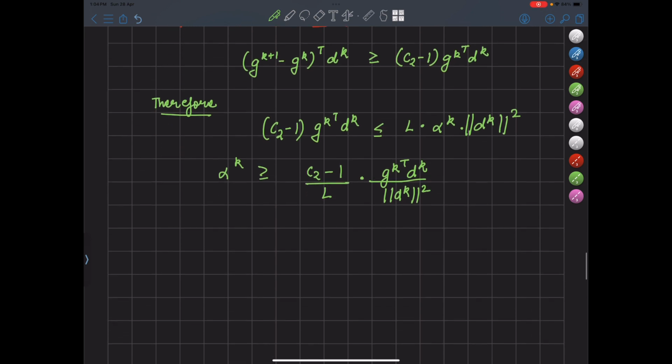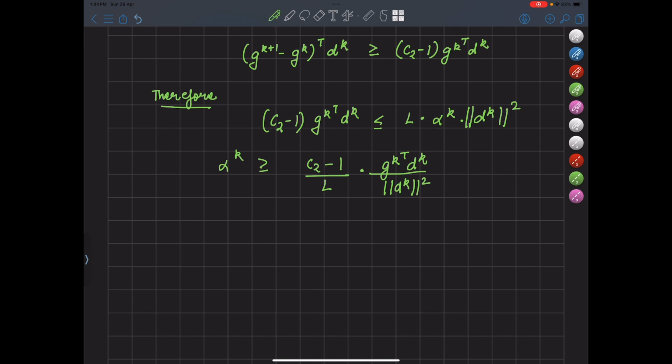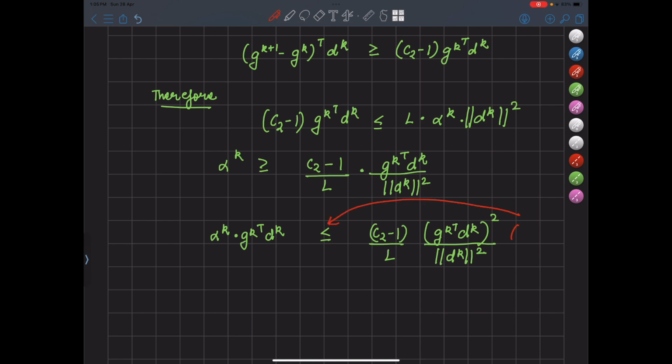Now if we multiply by g_k transpose d_k on both sides, the inequality sign changes because g_k transpose d_k is negative. So we'll get (C2 minus 1) upon L times (g_k transpose d_k) whole squared, because it's a scalar, upon norm of d_k squared.